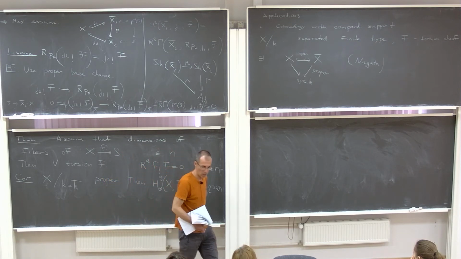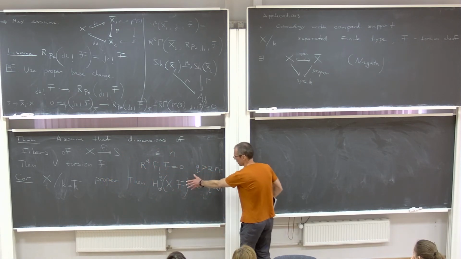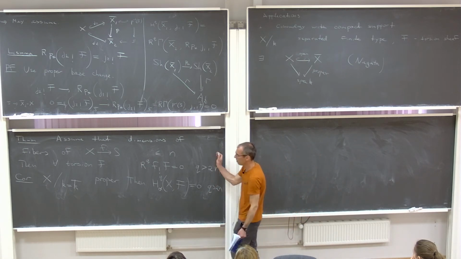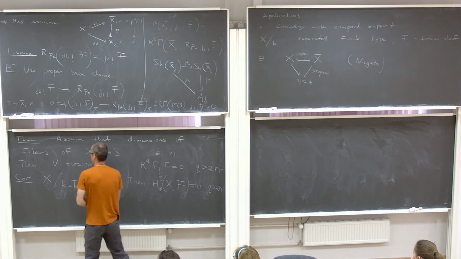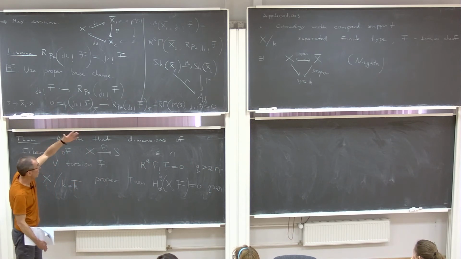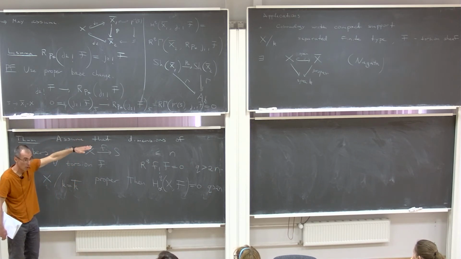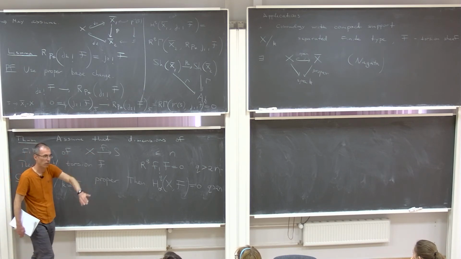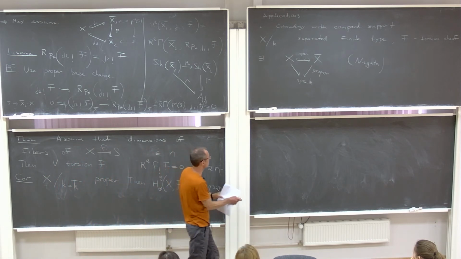So we know this in dimension 1. And the nice thing, the power of all this formalism and proper base change, is that you can prove many things about higher dimensional varieties by reducing the statement to the case of curves. Here is how it works.